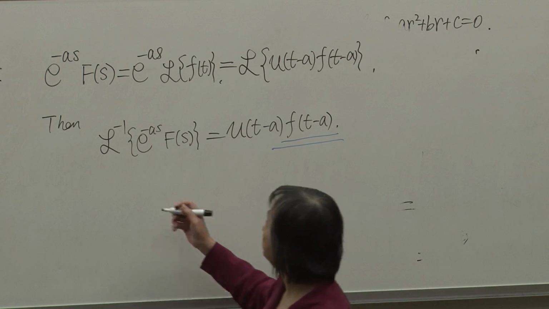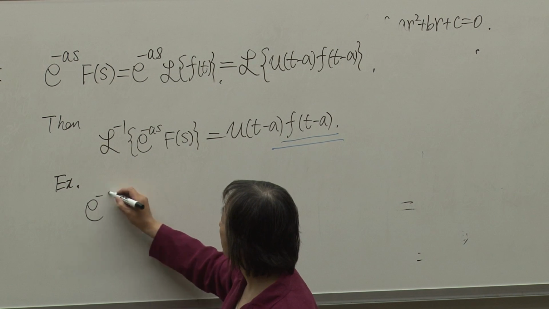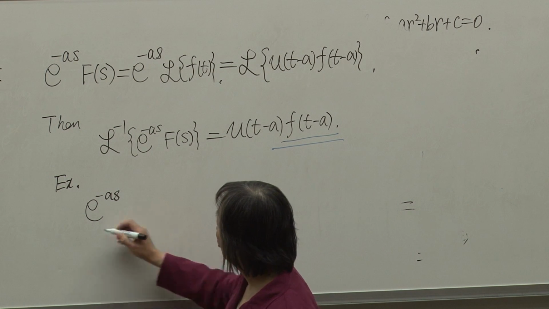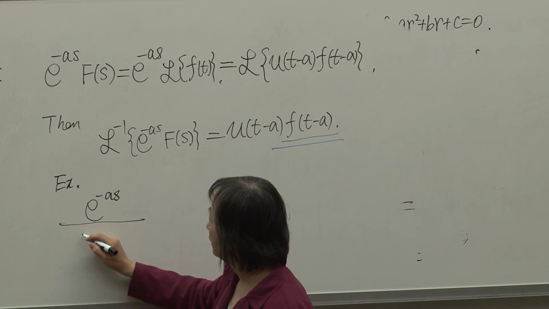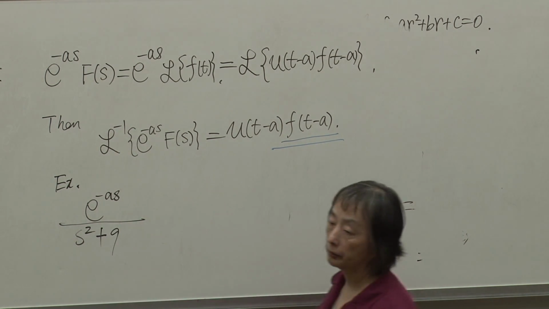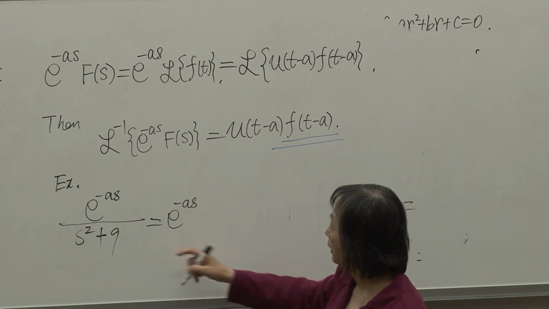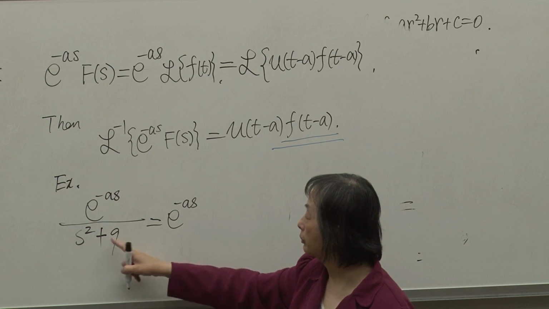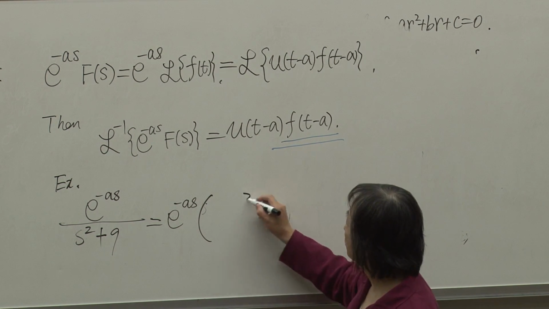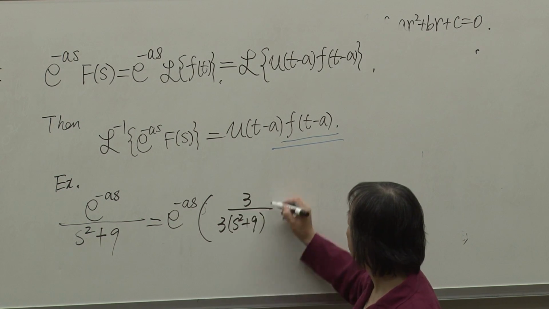For example, let's look at one quick example. e^(-as) times, say, 1 over s squared plus 9. We keep e^(-as) in front and look at 1 over s squared plus 9, which can be written as 3 over 3 times (s squared plus 9).